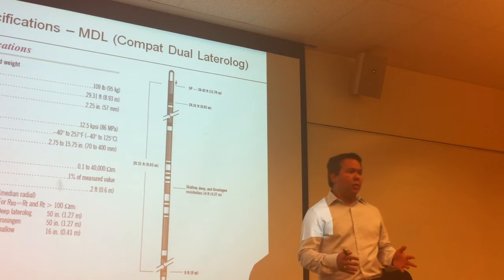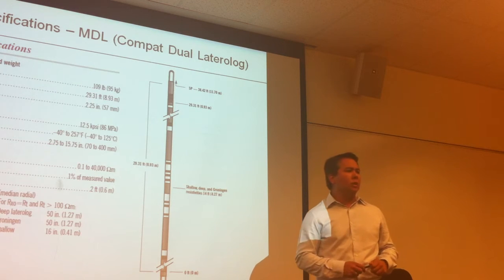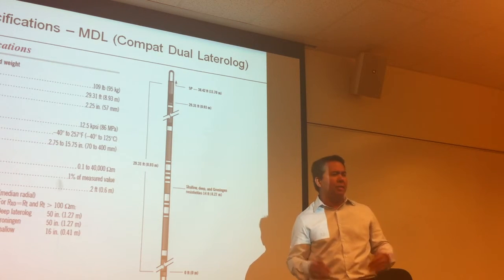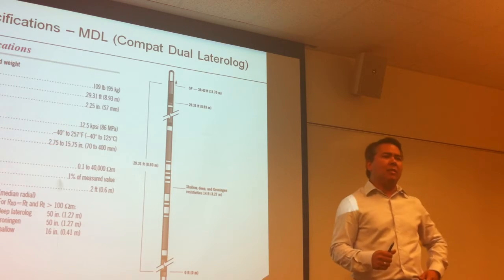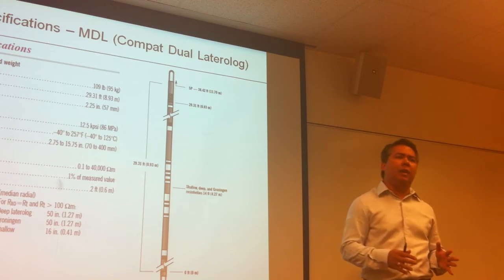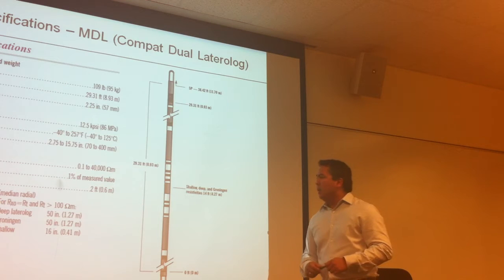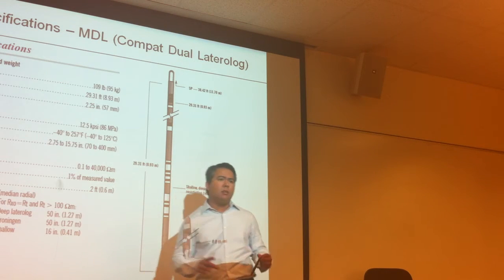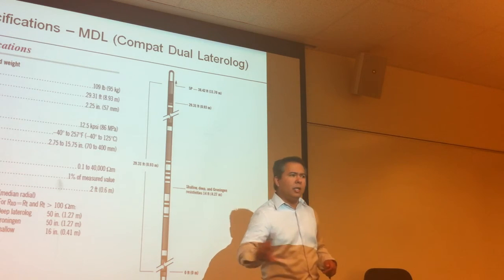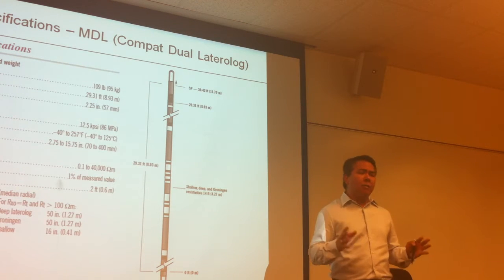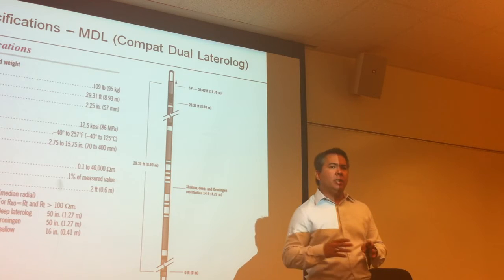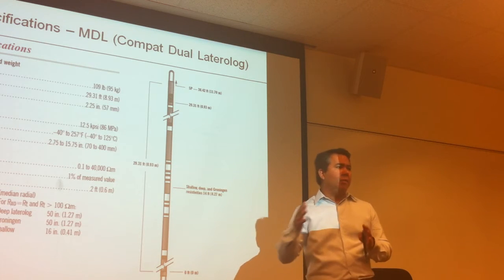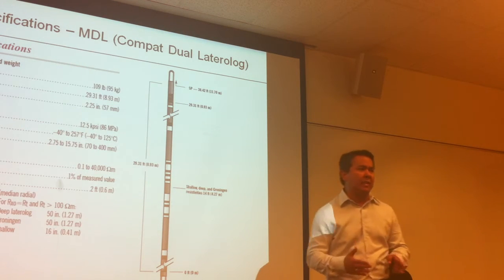The maximum pressure is 12.5 kilo psi, and the max temperature is 125 degrees Celsius. Something important to say is that the vertical resolution for every dual laterolog tool is 2 feet, and the depth of investigation for the deep measurement is 50, and for the shallow measurement is 15.